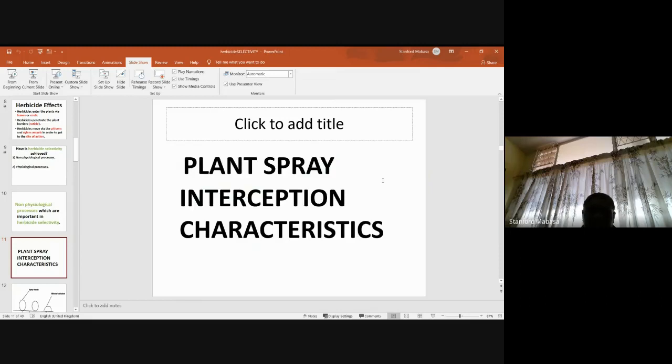If you are spraying the plants with a herbicide, the herbicide may remain attached on the plants. In some plants, the herbicide may move away from the plant. And it is herbicide retention or lack of herbicide retention which results in herbicide selectivity.